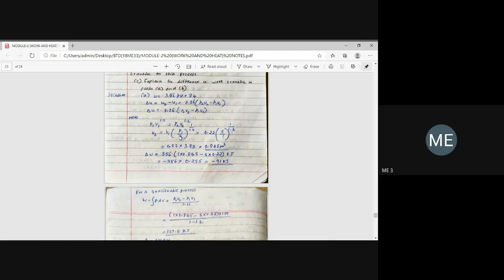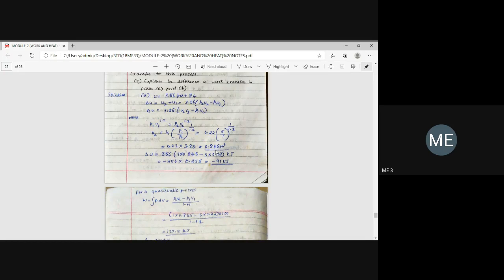By knowing three values, you find the fourth, V2. So V2 equals 0.2 into (5 divided by 1) to the power of 1 divided by 1.2, where 5 is P1 and 1 is P2. After solving, you get V2 as 0.845 meter cubed. This is how to find the final volume.